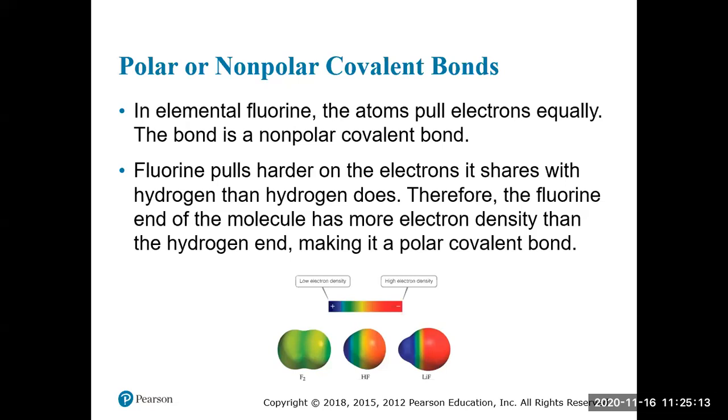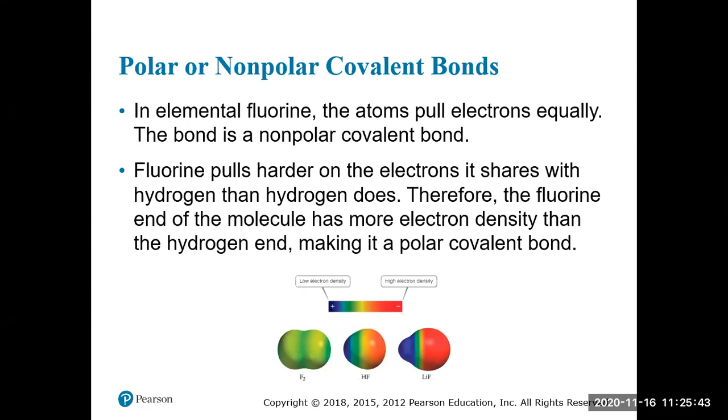When we look at HF, the next one, we see that there's some red over on the fluorine atom. That's telling us that the electron density is higher over there than it is on the hydrogen. Because that electron density is higher over there, you'll have a partial negative charge over there and a partial positive charge on the other side, because the electrons have shifted away from the hydrogen.